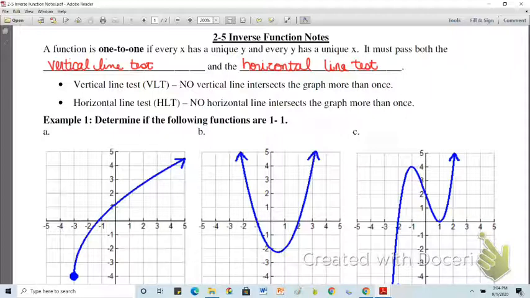Does your graph touch your pencil or spaghetti noodle or ruler more than once? An easy way to think about one-to-one is none of the x's can repeat and none of the y's can repeat. From here, we're going to move down a little and do the examples in number 1.